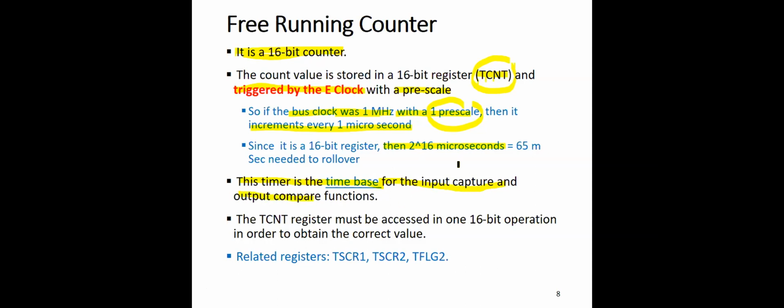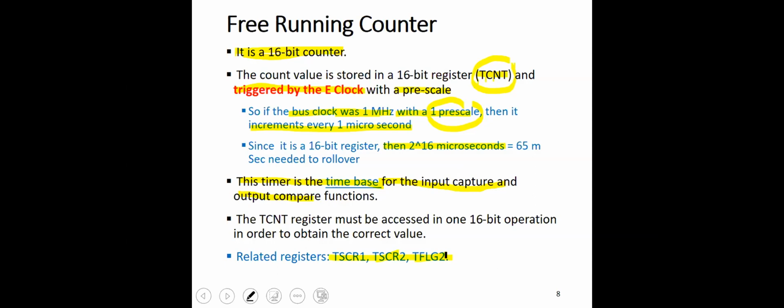Now in order to enable this timer to start counting, to specify the value of the prescaler, and to determine whether the overflow interrupt event of this timer is enabled or not, we need to use special registers related to this timer module: the timer system control register 1, timer system control register 2, and the timer flag register number 2.